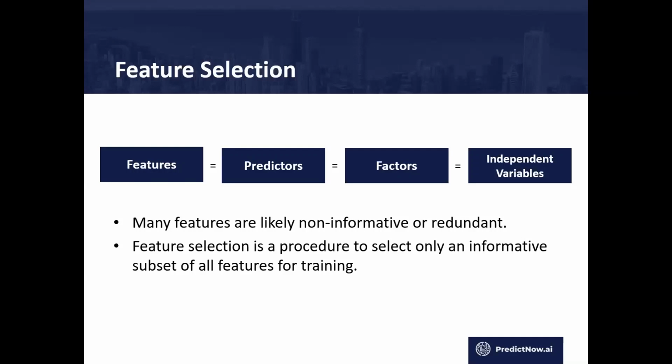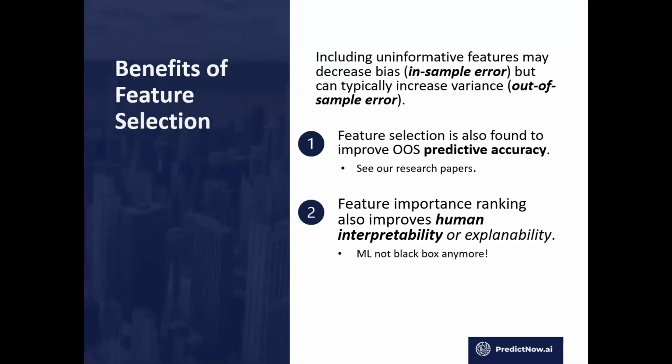So we want to apply feature selection to get rid of them, to improve accuracy. But there is another reason why we want to apply feature selection. The second reason is that in the process of selecting features, we will apply a ranking scheme to the features. Using this ranking scheme, it will allow you to gain intuition about what it is that is affecting the risk and the performance of your trading strategy.